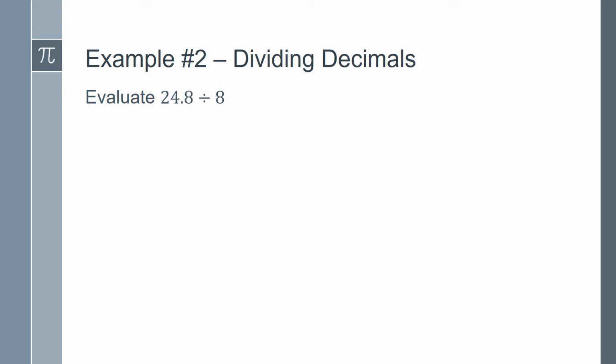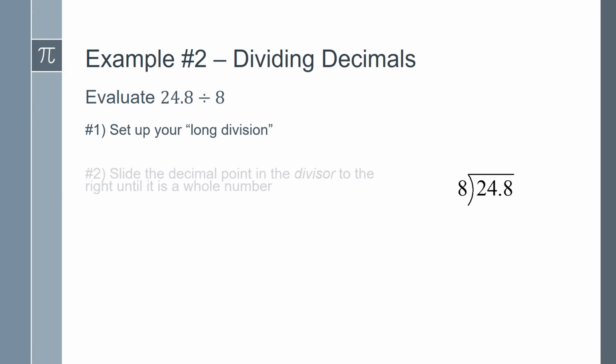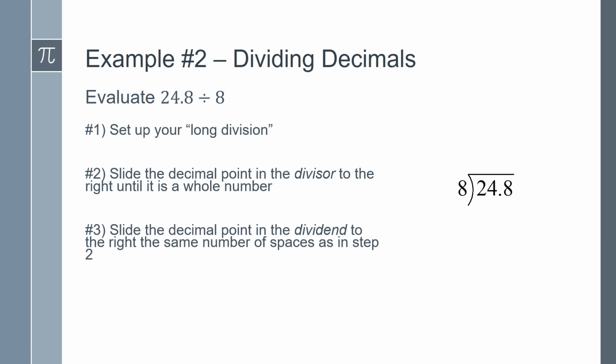For example number 2, we will need to evaluate 24.8 divided by 8. The first step is to set up the long division problem, and then we slide the decimal point in the divisor to the right until it is a whole number. But the divisor is already a whole number, so we can skip this step, as well as step number 3.